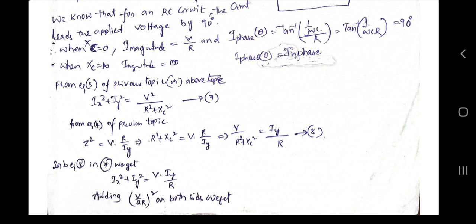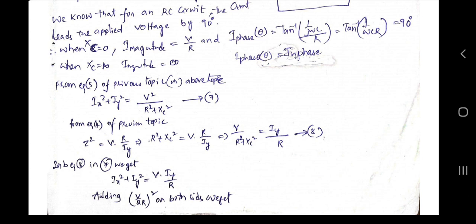From equation 4, you observe that Z square, which is R square plus X square, is equal to V into R by Iy. So again you rewrite the equation: V by R square plus X square is equal to Iy by R, which is equation number 8.